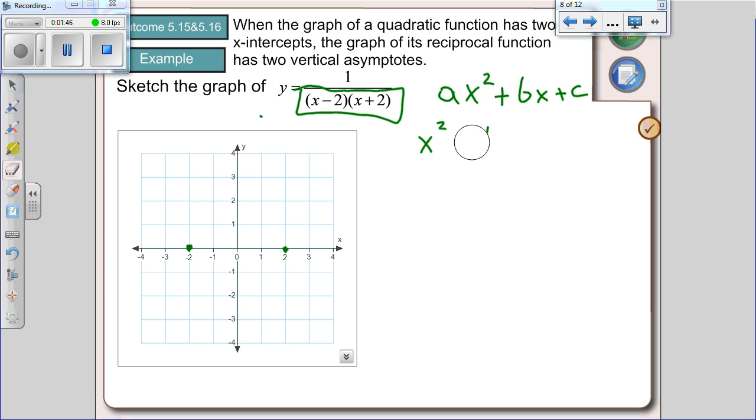Thank you. Yeah, my bad. So you get x squared minus 4. That right there, that's your y-intercept. So you can come down here and graph your y-intercept. Your y-intercept, it's at minus 4.